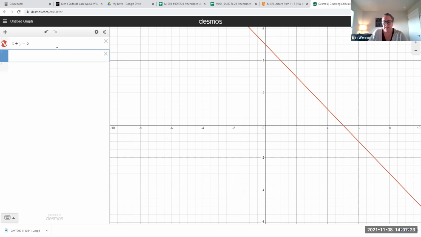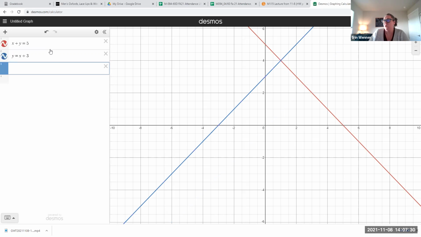Now, if I put my second equation in, y equals x plus 3, and go right here to where these two lines intersect, I can see that the point is (1, 4). So if I had solved these using what we did in 4F, meaning we graph the two lines and find the point of intersection, we would have come up with the same solution. This is just a new way to solve them, not using graphing. We're using algebra instead. Okay.